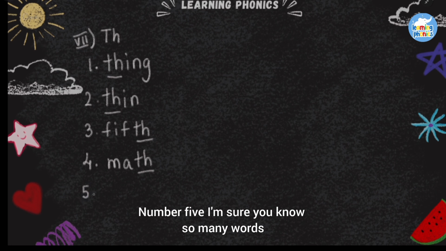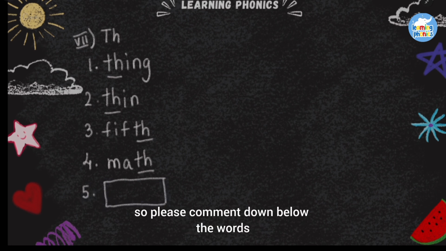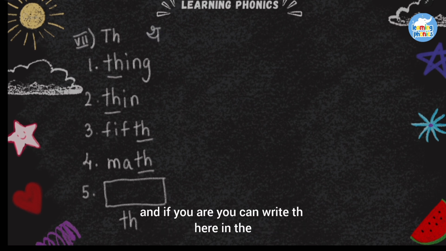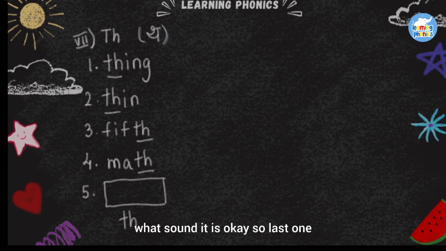Okay, number five, I'm sure you know so many words, so please comment down below the words that you know that have th, that makes the th sound. Th. Okay, so I hope you all are taking notes, and if you are, you can write th here in the bracket so you know what sound it is.